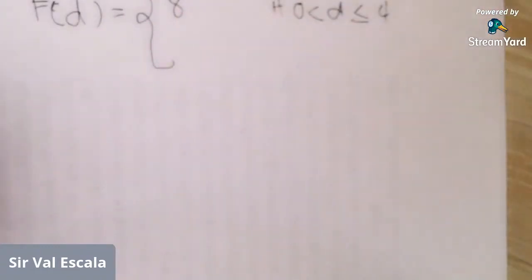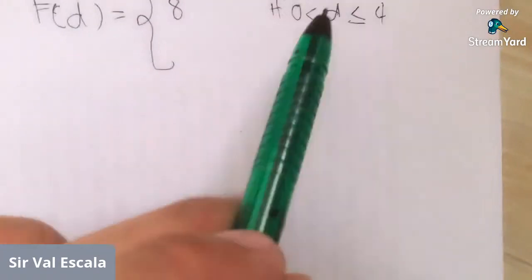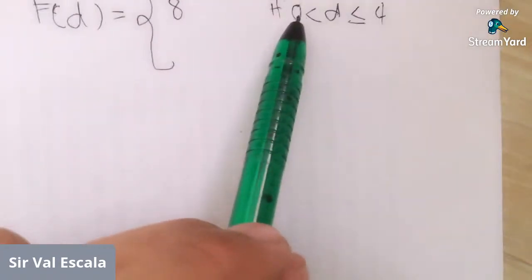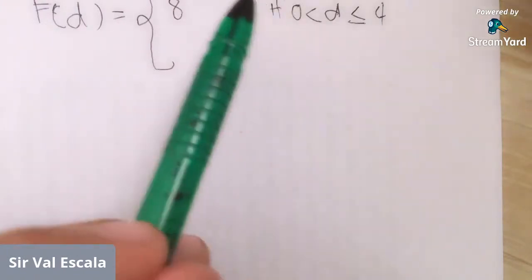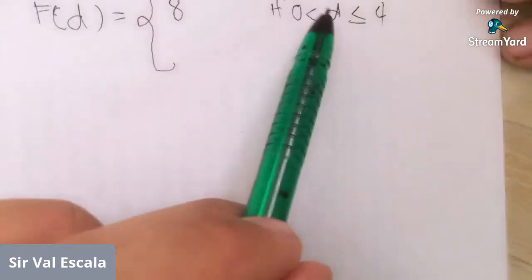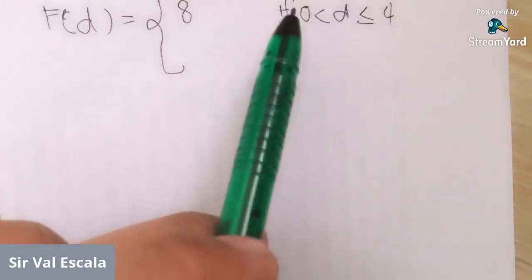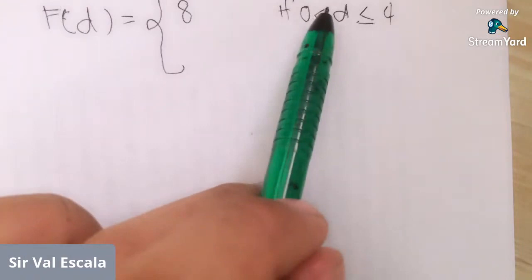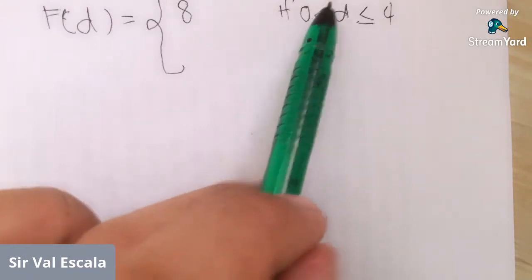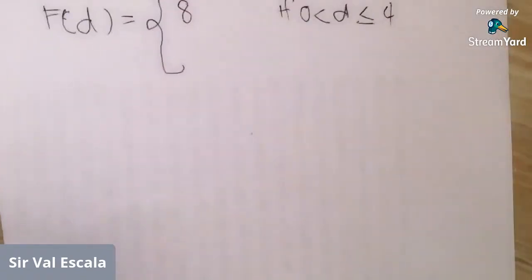Wala namang negative na number, di ba? Ang basa dyan, d is greater than 0 but less than or equal to 4. So, nakadepende sa distance ha. So, hindi pwede maging negative yung distance natin. Positive lahat dito. So, kung 0.1 yan, 8 pesos pa rin yung singil. Greater than 0.